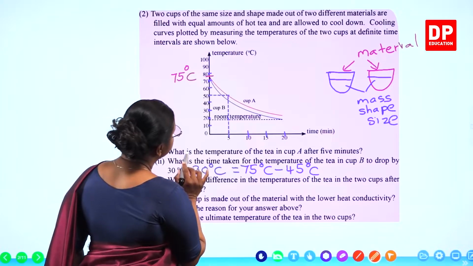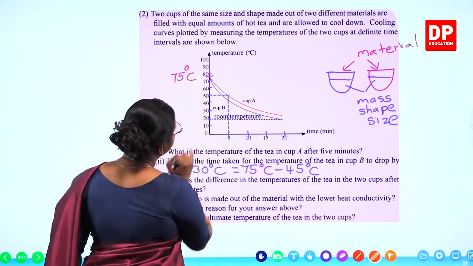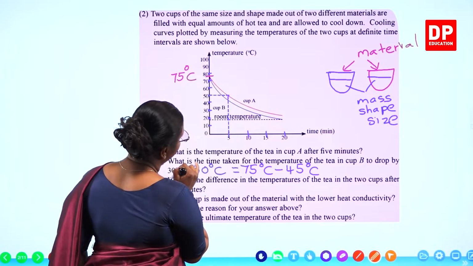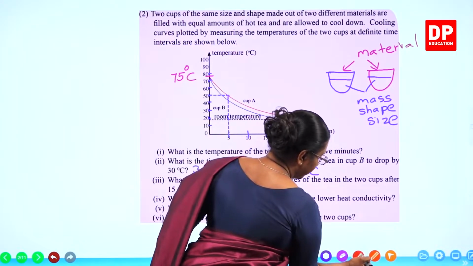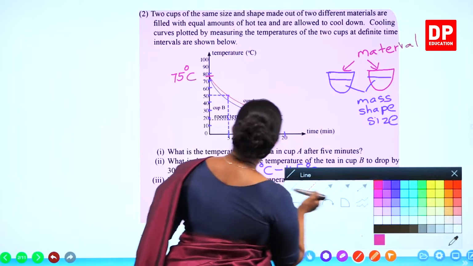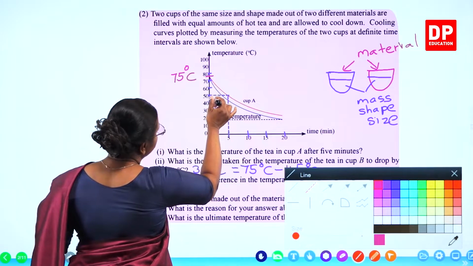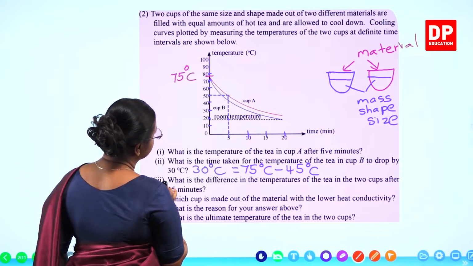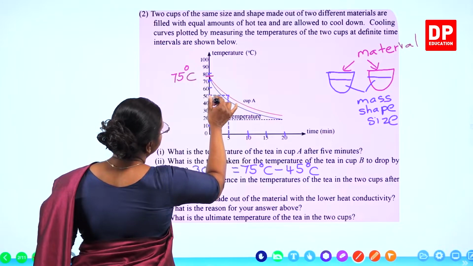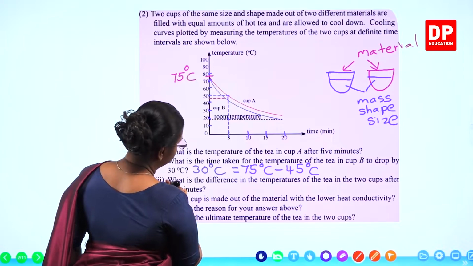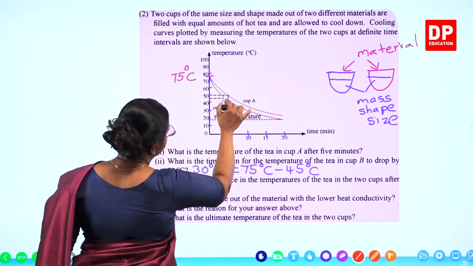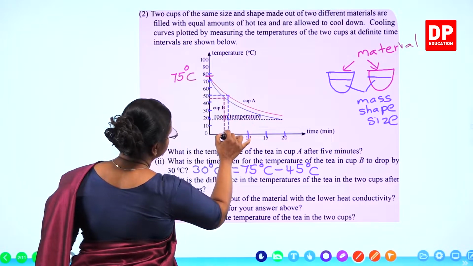So for the temperature to come to 45 degrees Celsius, how long does it take? Here you can see, again if we use another line, 45 is about somewhere here. So from there, if you draw a line to graph B, that will be at this point.